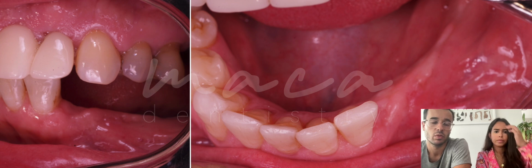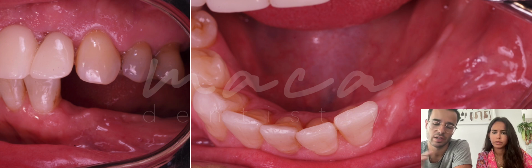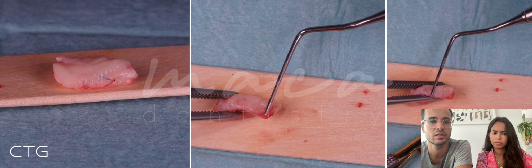Nowadays, as we all know, it's very well known that in order to avoid problems around implants, it is mandatory to have a good thickness of tissues in order to protect our implants and make a good sealing of the connection of the prosthetic abutment and the implant.